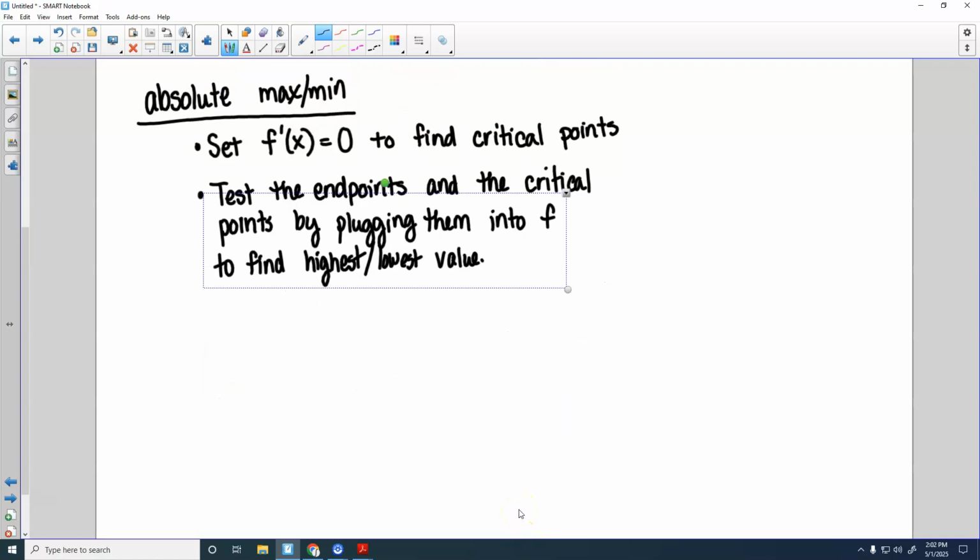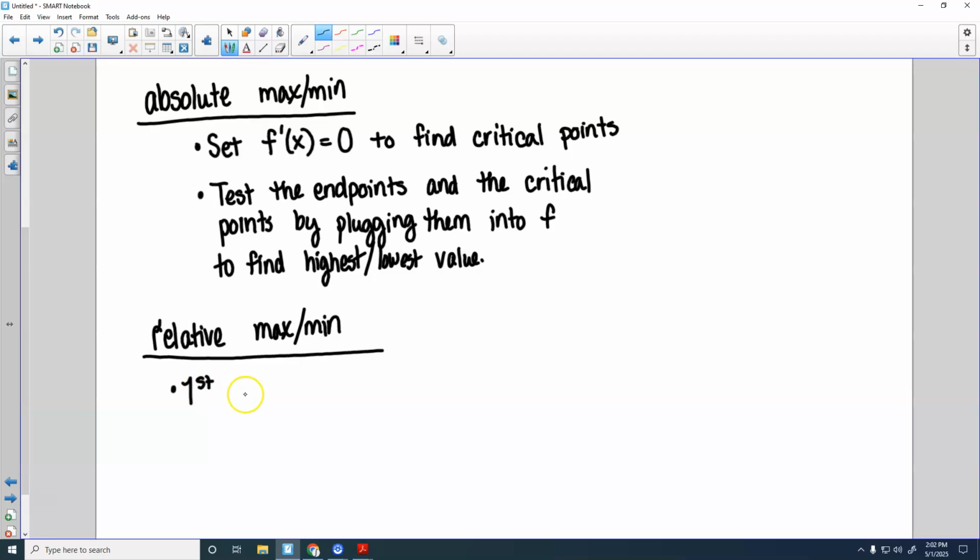There are two different ways that we can find a relative maximum or minimum. We can use either the first derivative test or the second derivative test.